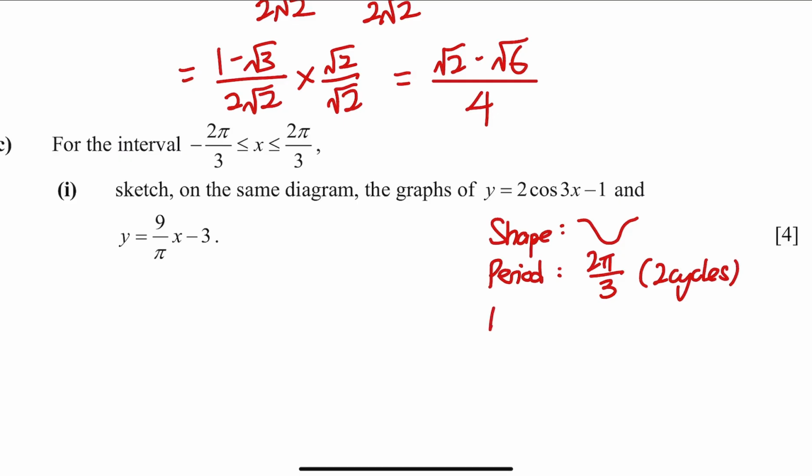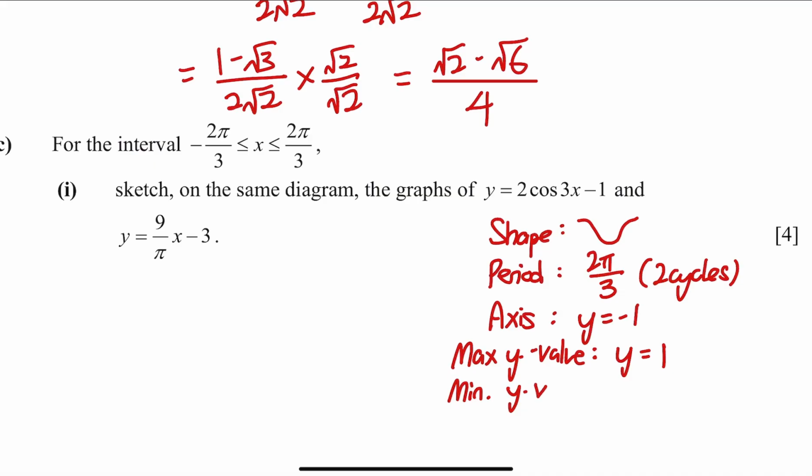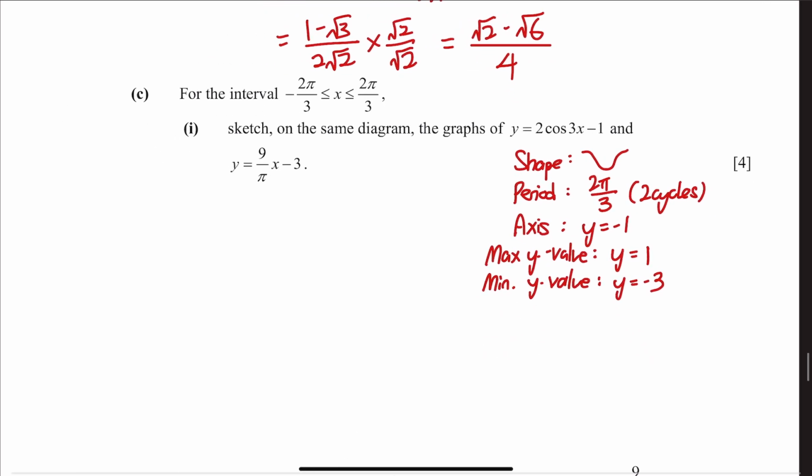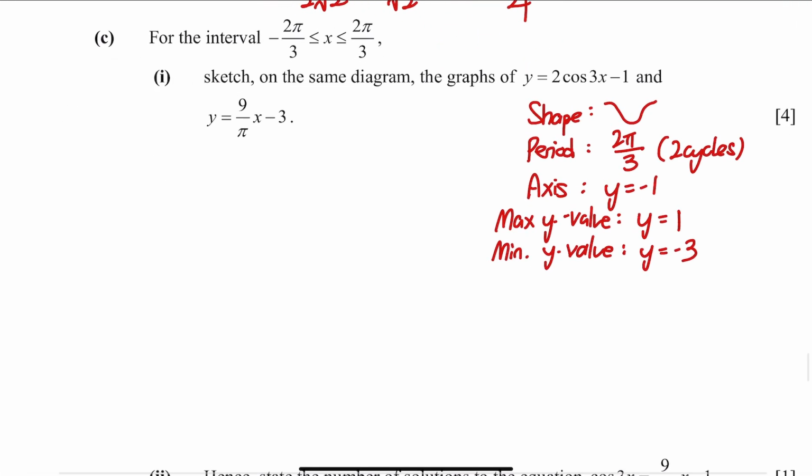The axis is y equals negative 1. The amplitude is 2, so we add 2 to the axis for the maximum y value. This will be 1. The minimum y value will be negative 1 minus 2, which is y equals negative 3. With all this important information, we can now sketch this graph.